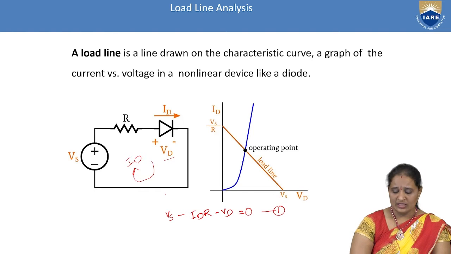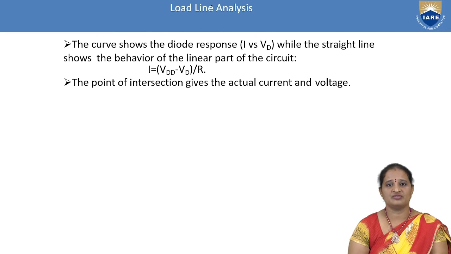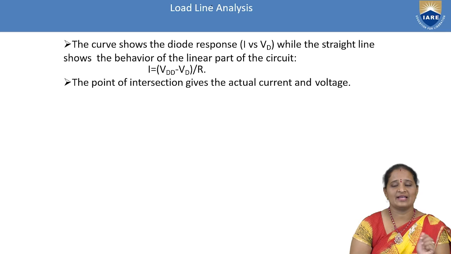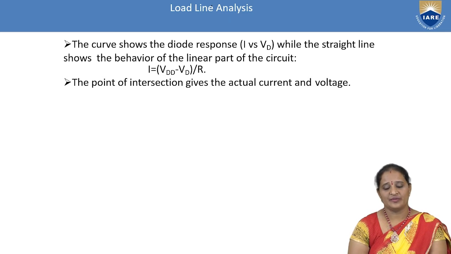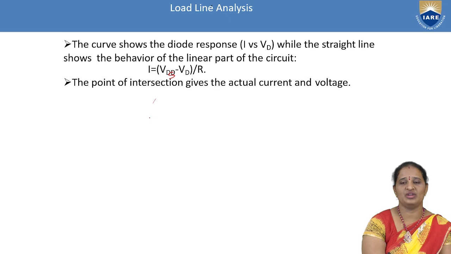So this is the equation governing the circuit, the mathematical equation representing this simple diode circuit. Now, in order to draw a straight line, we need to find the points of intersection with the x-axis and y-axis. From the above equation, you can take this as Vs instead of Vdd.